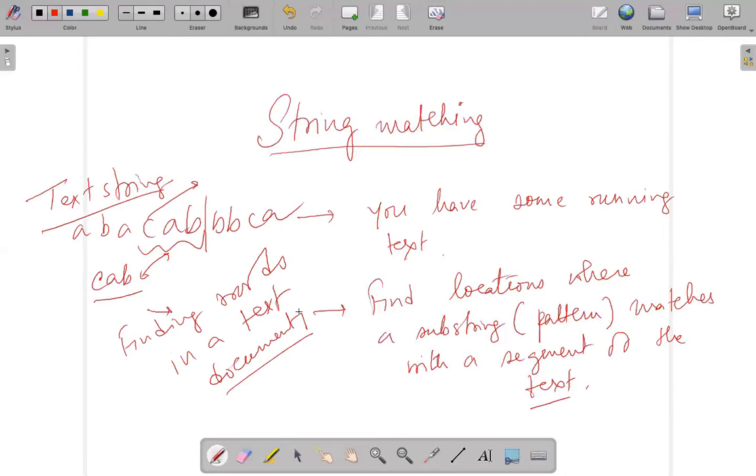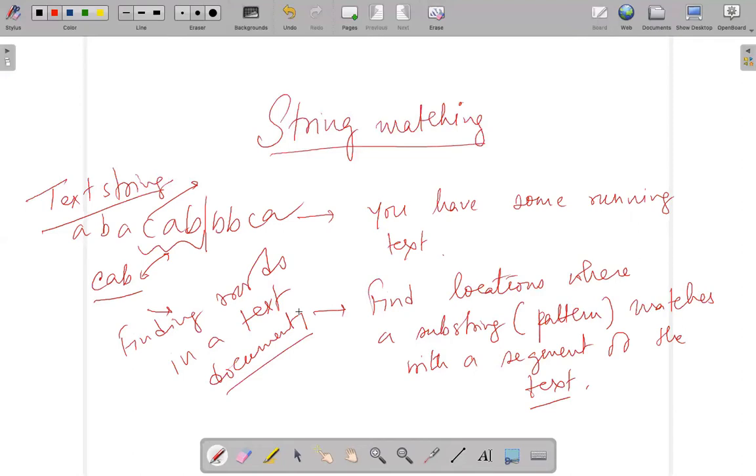Okay, so this is typically also called the frequency of the word. So you find out the word and the frequency. In this way, you might want to find out the word and the frequency of all the words in the text document. Okay, and string matching is one of the ways in which you can achieve this.